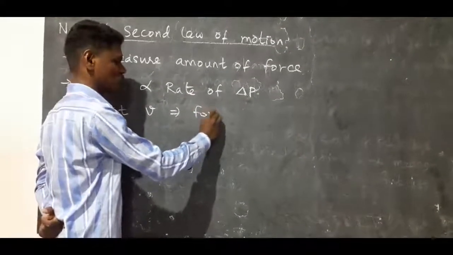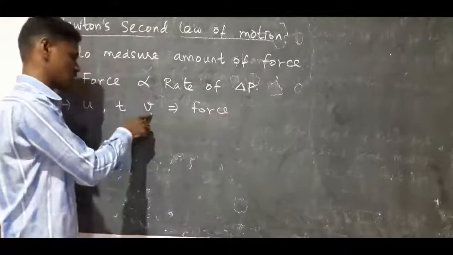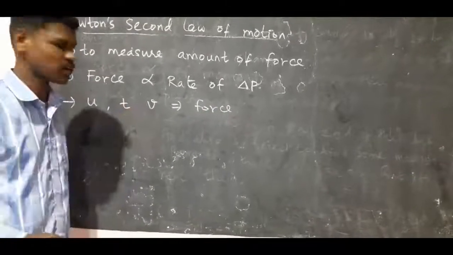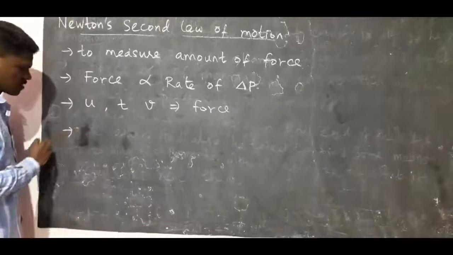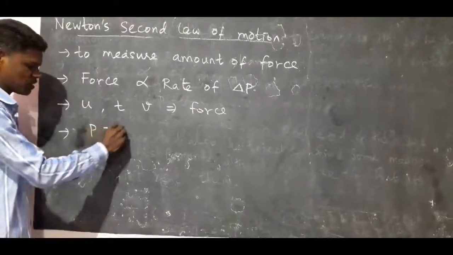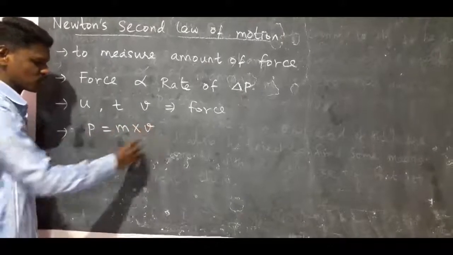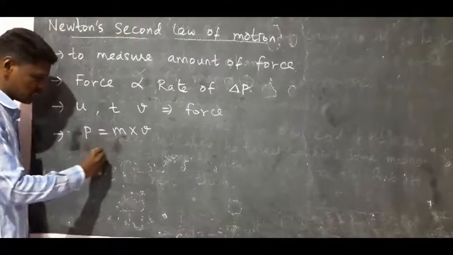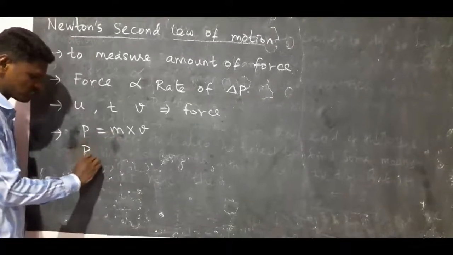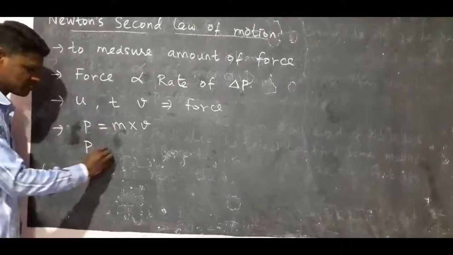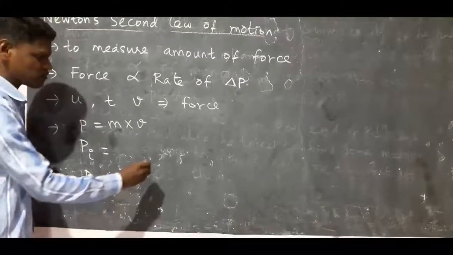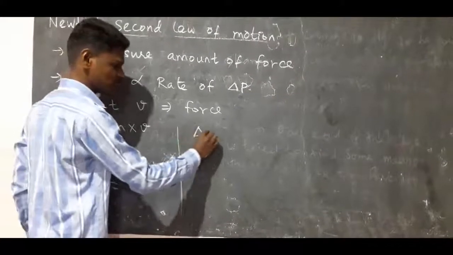We already know the momentum is m into v. Next we find the initial momentum and the final momentum.